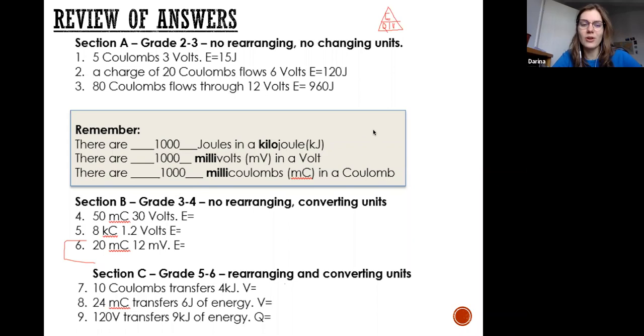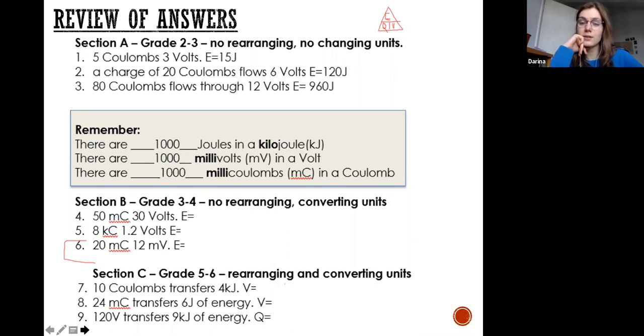So can anyone have a go at question 6 there? Anyone?